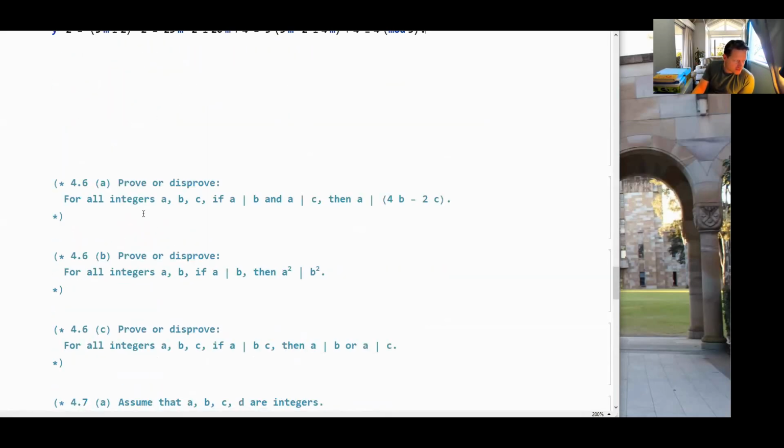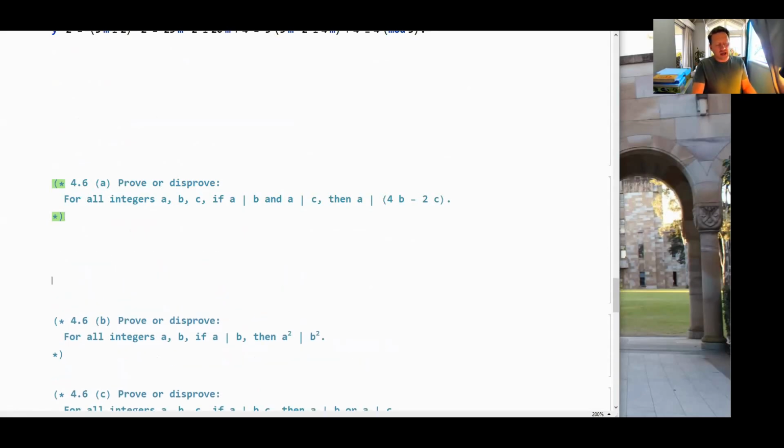Sure. 4.6. Prove or disprove for all integers a, b, c. If a divides b and a divides c, then a divides 4b minus 2c. Okay, so if we actually have a dividing b, then we can express b equals a times some number, let's just call it k1.